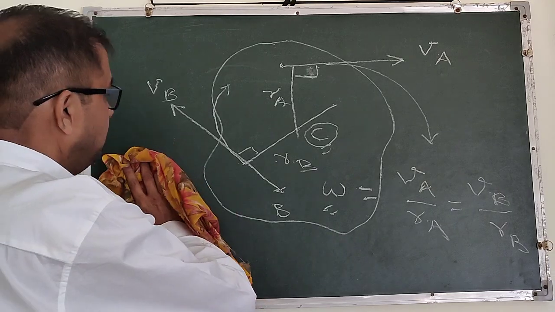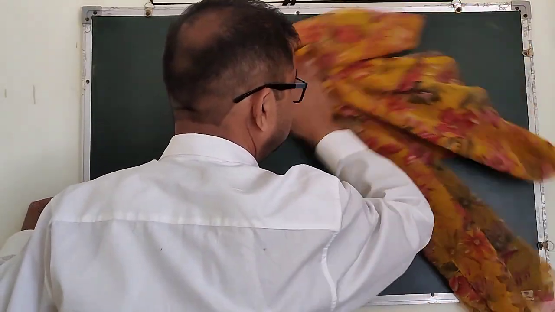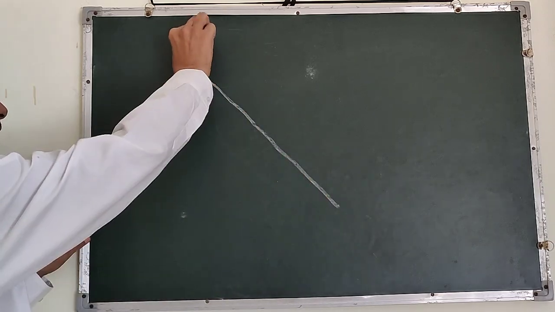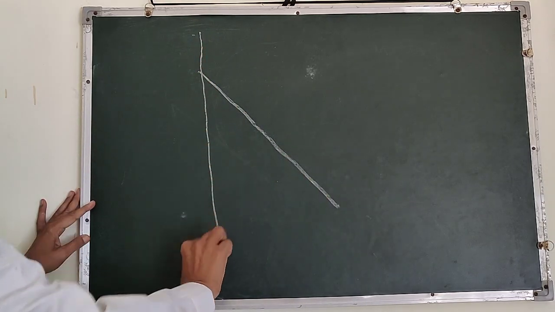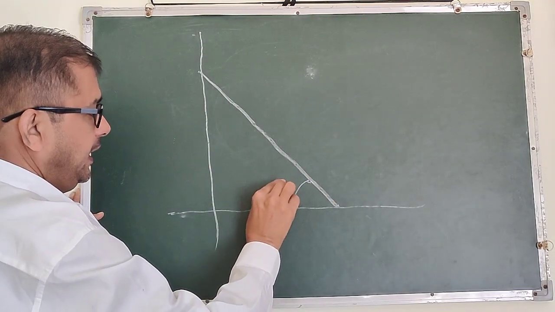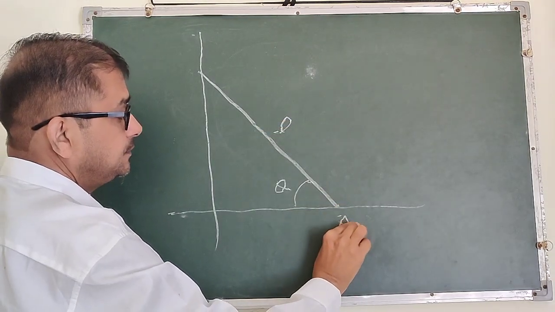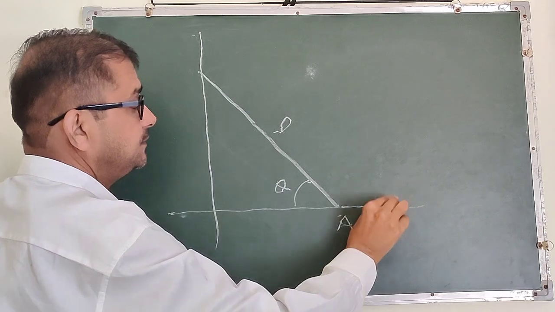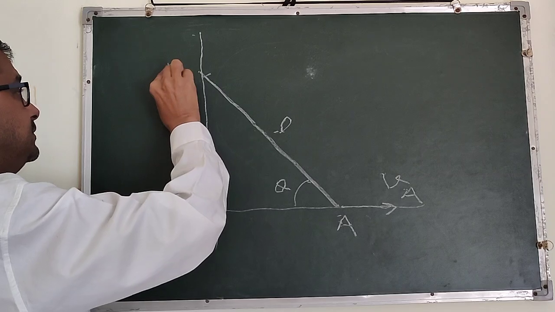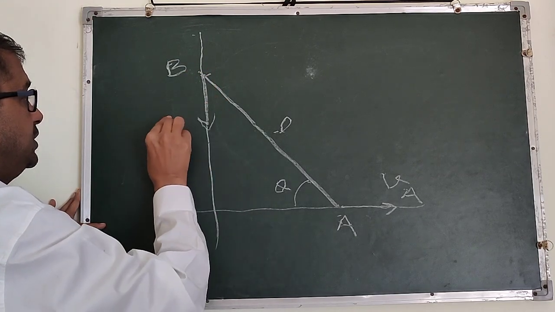Now we will use this concept in a simple example. Suppose we have a rod, and this is angle theta, and the length of the rod is L, and suppose this point is A, moving with velocity VA, and this point is B, moving downward with velocity VB.